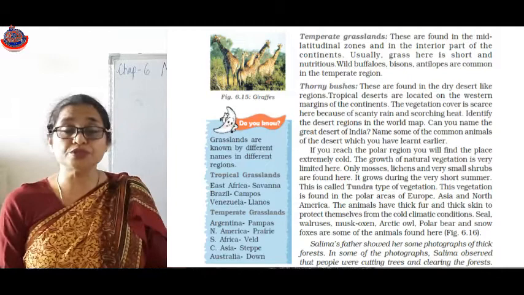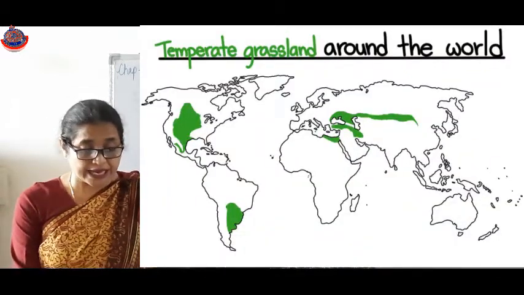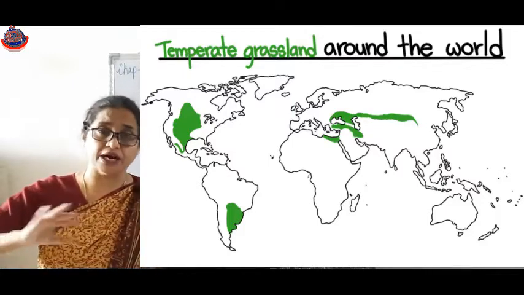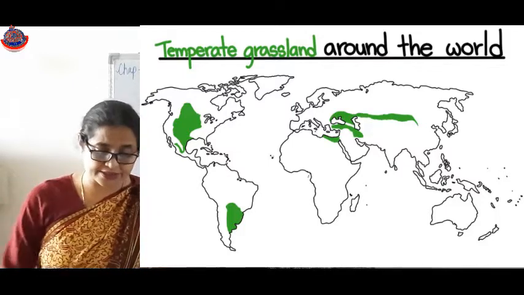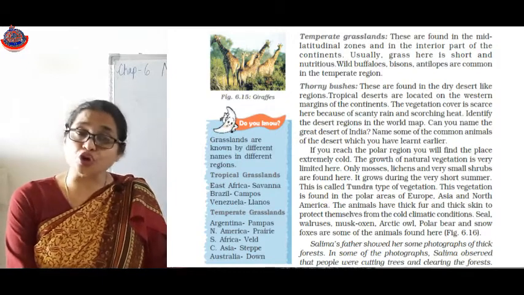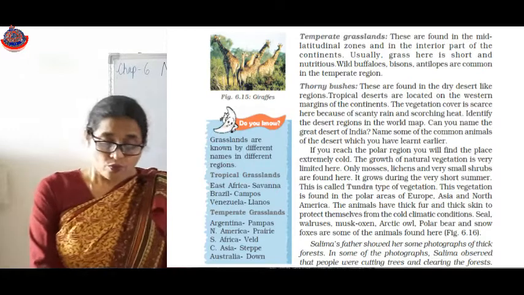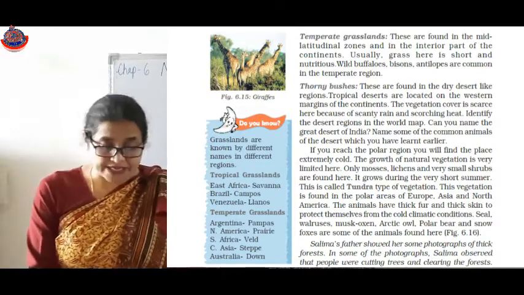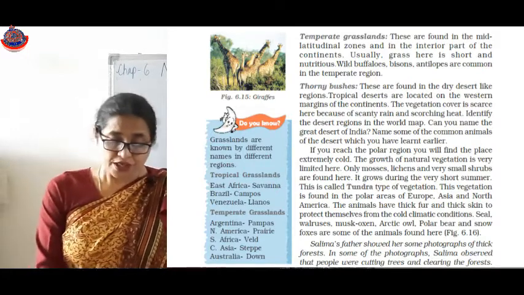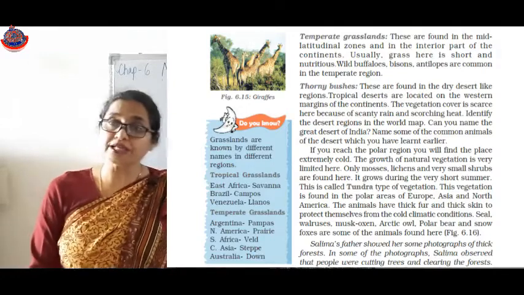These are found in the mid-latitudinal zones and in the interior parts of the continents. Usually grass here is short and nutritious. That is why wild buffaloes, bisons, antelopes are very common in the temperate region.